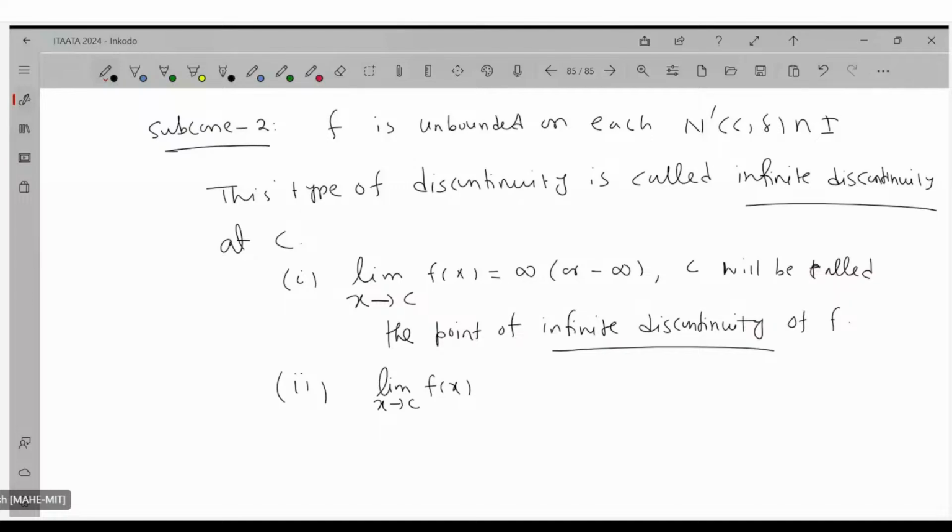In the other case, where f(x) is neither equal to infinity nor minus infinity, then c will be called a point of infinite oscillatory discontinuity.